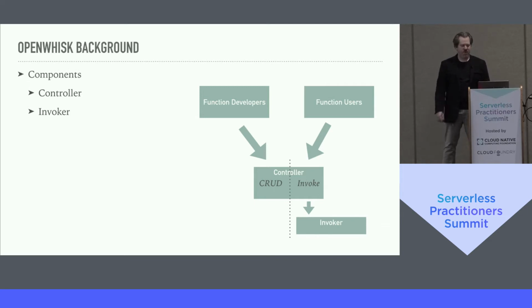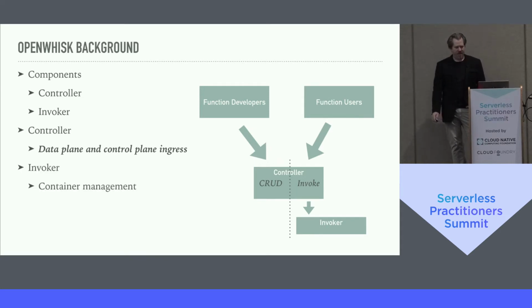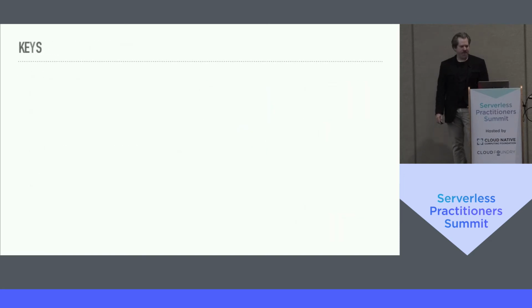The controller handles both the CRUD operations for developers and the invocation workflow for routing to an invoker component that does the actual container initialization and function management. What's interesting here is that right now the controller handles both the data plane and the control plane ingress, and the invoker is focused on container management.